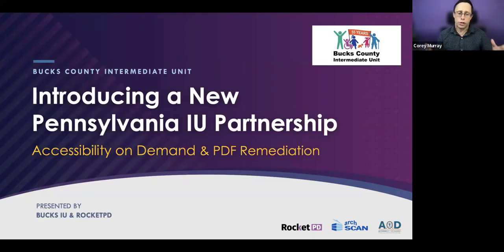We're going to show you how it reduces the amount of time it takes to make documents accessible, how it increases the level of compliance and the proof of compliance that you have, and how you can create a process so that you don't necessarily need to remediate every document that's in your universe, or your districts don't need to remediate every document in theirs, but they can take a very intentional approach to how they remediate their documents.